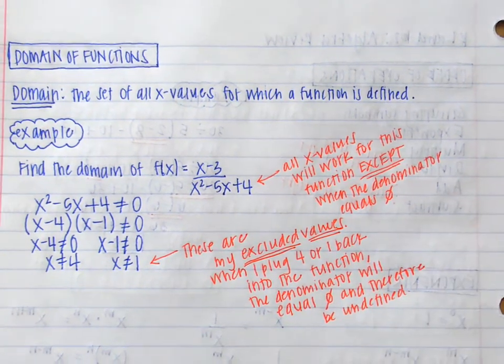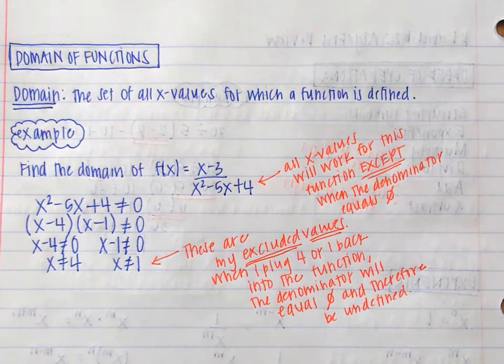So we're essentially finding the inputs that don't work because every other input will work and give me a value.